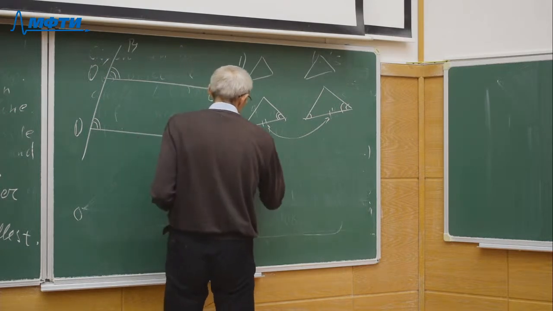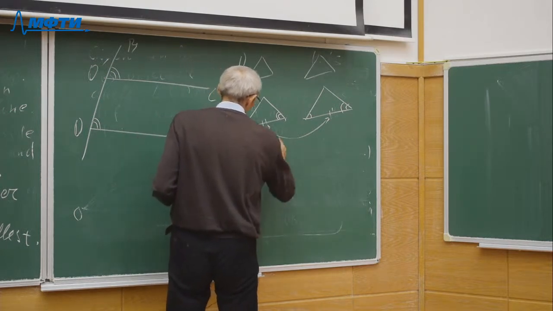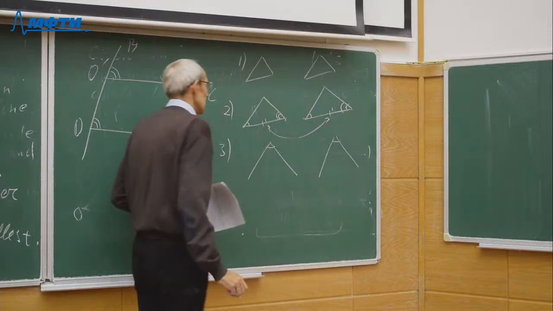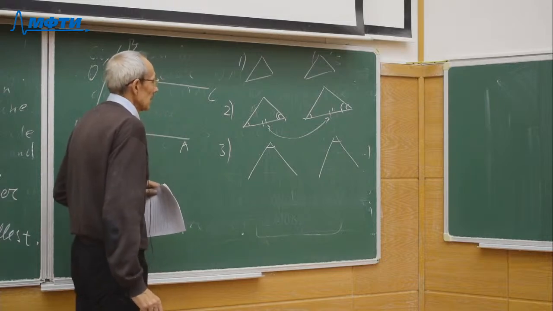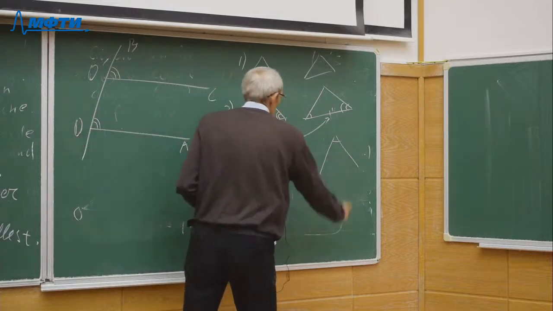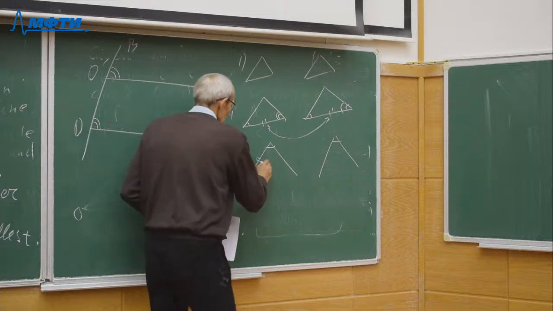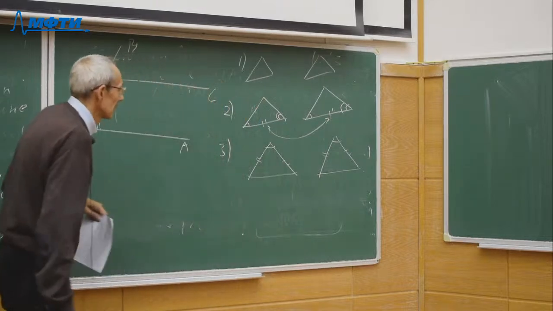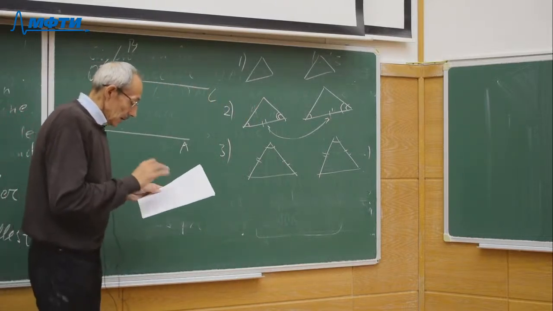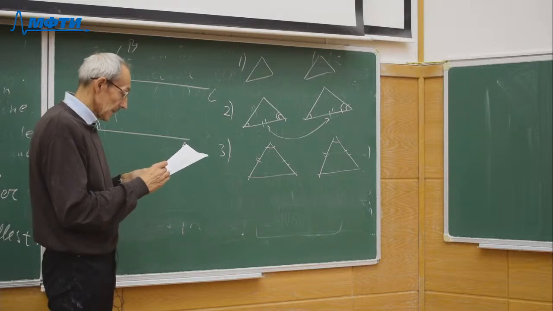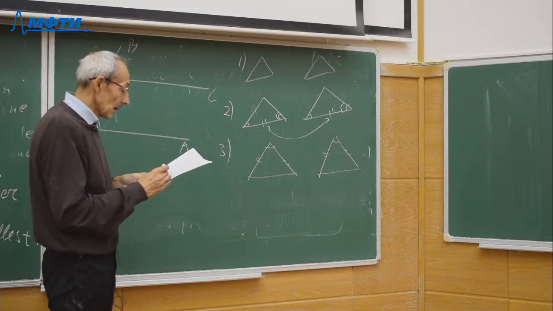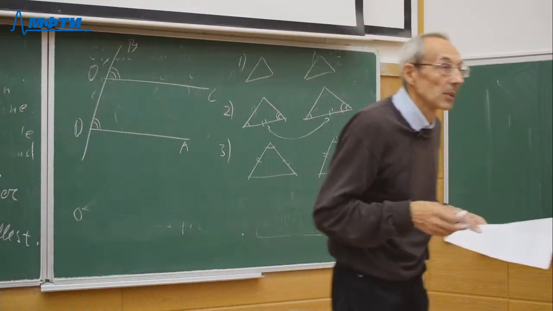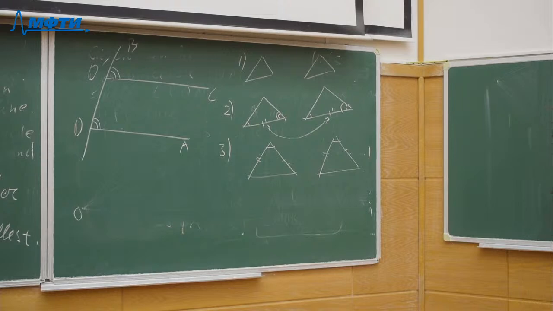And third assertion: if one angle of one triangle is equal to the corresponding angle of the other triangle and adjacent sides are also equal, the triangles are equal. And using these principles, we can solve some problems. I'm going to send these problems by post.